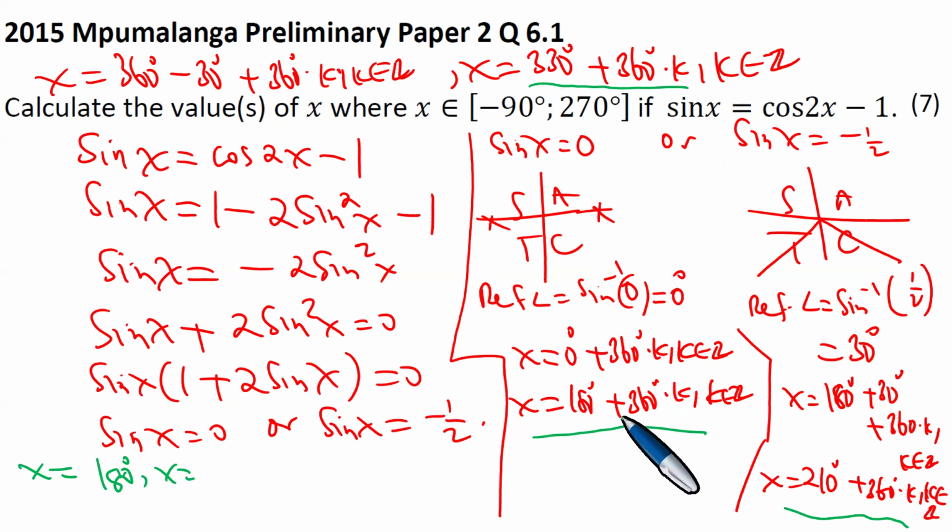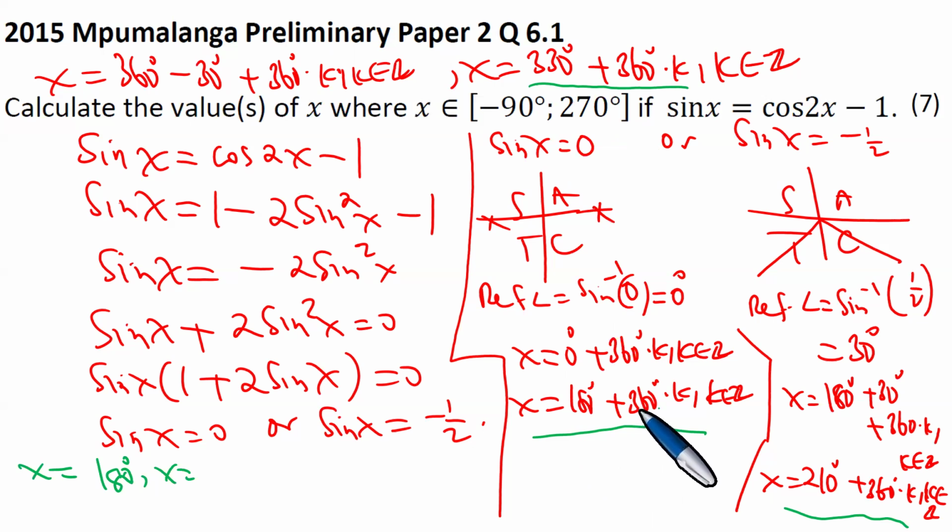When k equals 1, we can't take it because 360 plus 180 is already more than 270. Just 360 alone. Then we say 360 plus 180, so it's way outside. Now, we need to think here.